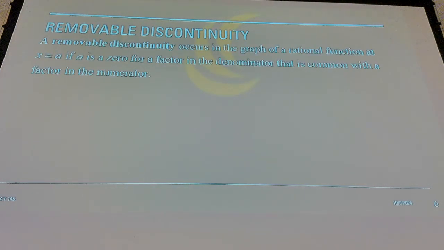A removable discontinuity would occur in the graph of a rational function at x equals a if a is a 0 for a factor in the denominator that is common with a factor in the numerator. In other words, if you get rid of the 0 in the denominator, it would no longer be an asymptote. It would be a hole, which is a removable discontinuity.